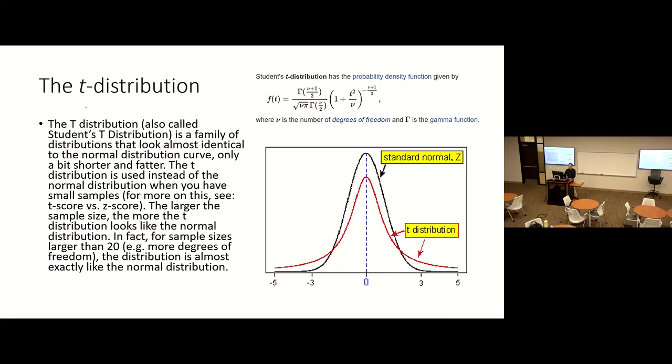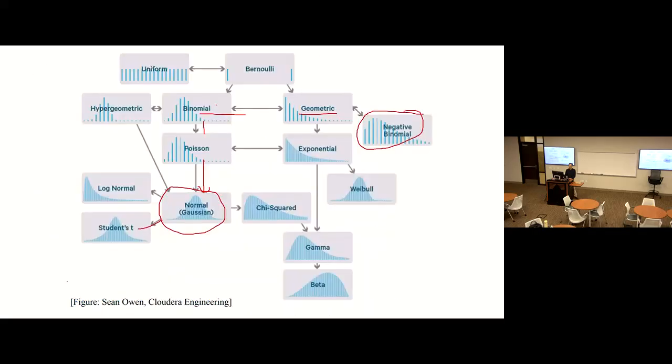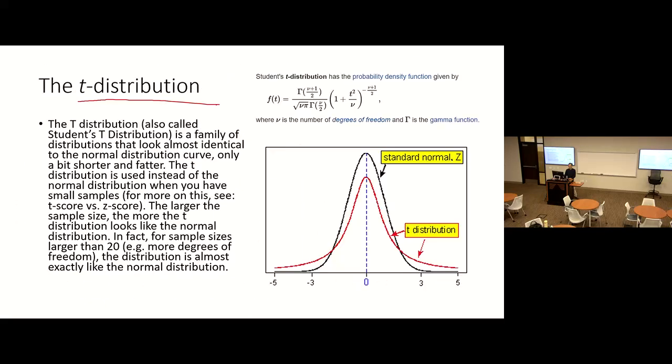The last distribution I want to mention is the T distribution. If you look at the chart I just showed you, the T distribution is linked very closely with the normal distribution. That's where they link. The shape is very similar. If I don't tell you, you may not be able to tell which one is the T distribution and which one is the normal distribution.